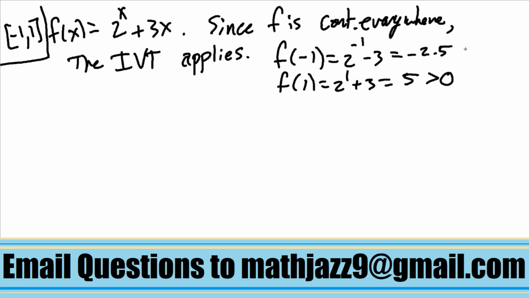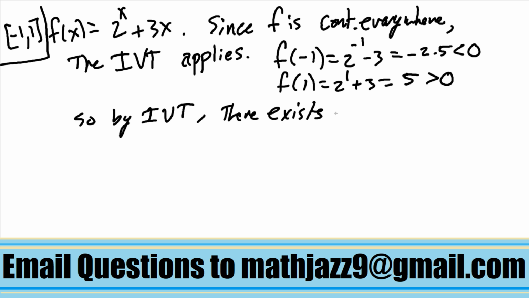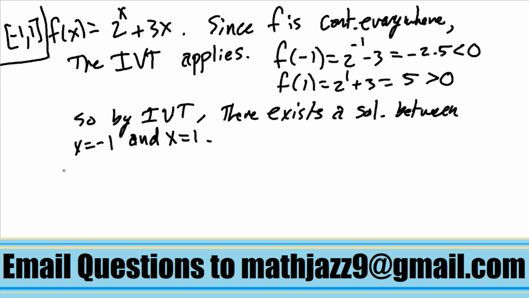This one is bigger than 0. That one is smaller than 0. So by the intermediate value theorem, there exists a solution between x equals -1 and x equals 1. That proves that there is a root.